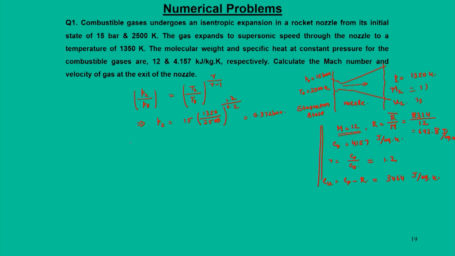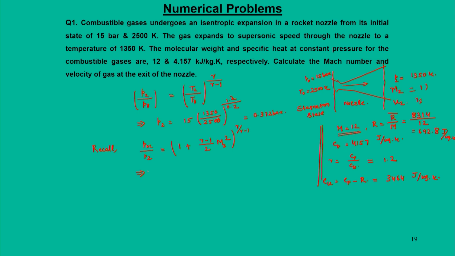Now, we recall this isentropic relation, that is P naught 2 by P2 in terms of Mach number, that is (1 plus (gamma minus 1) by 2 M2 square) to the power gamma by gamma minus 1.